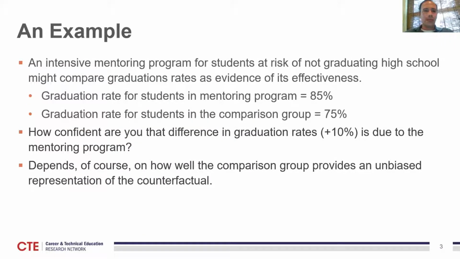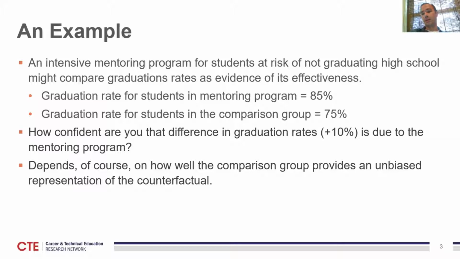Just as an example, think about an intense mentoring program for students at risk of not graduating from high school. You might think about just comparing the graduation rates for students in the mentoring program to those not in the program, and see that it's 85% for those in and 75% for those not in the program.